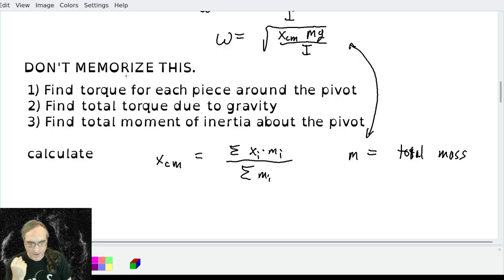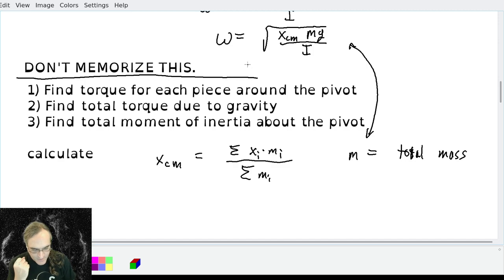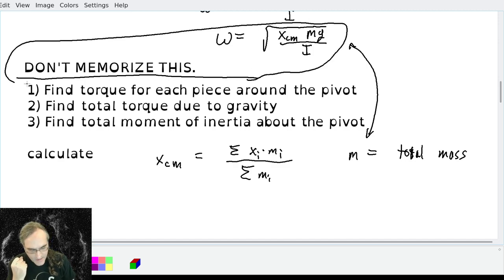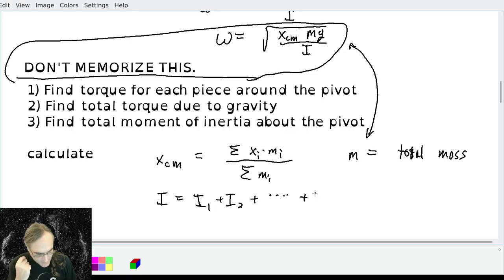If you do the process that I'm describing down here, you're not going to ever make that mistake. You'll always have the right total mass. Moment of inertia is still a problem, but it's going to be a problem no matter what. You're going to have to find the moments of inertia of each piece that makes up the whole thing and get your result that way, summing from i equals 1 to n.